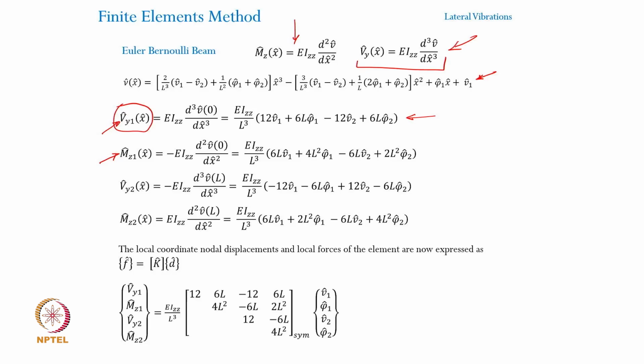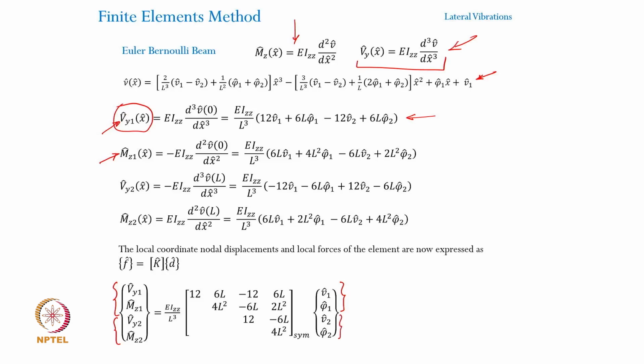So F cap is now going to be Vy1 cap, Mz1 cap, which pertains to the forces at the left side node, whereas these are the forces on the right side node, and they are correspondingly related to the nodal displacements v1 cap and phi 1 cap and these ones. Okay.